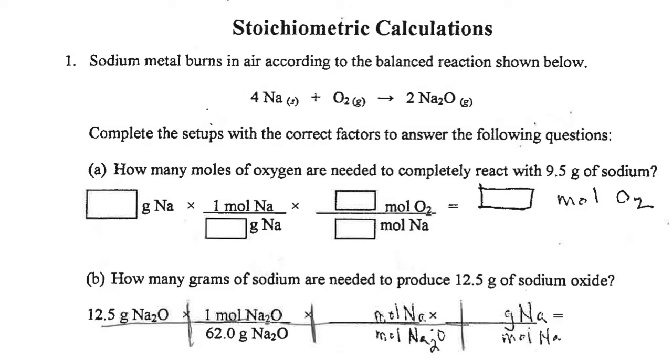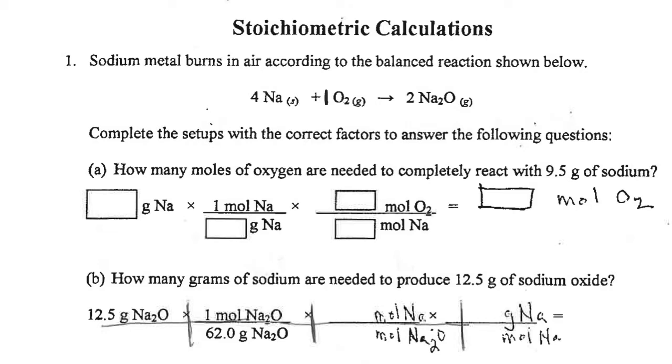You can see that this is already balanced because it has coefficients. And of course, with coefficients, if it's not written, that just tells you that you've got 1. So this would say 4 moles of Na plus 1 mole of O2 gas will yield 2 moles of Na2O. It says complete the setups with the correct factors to answer the following questions.